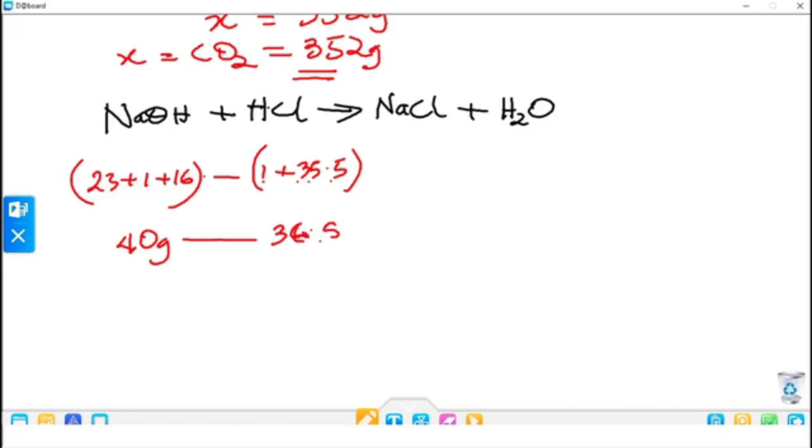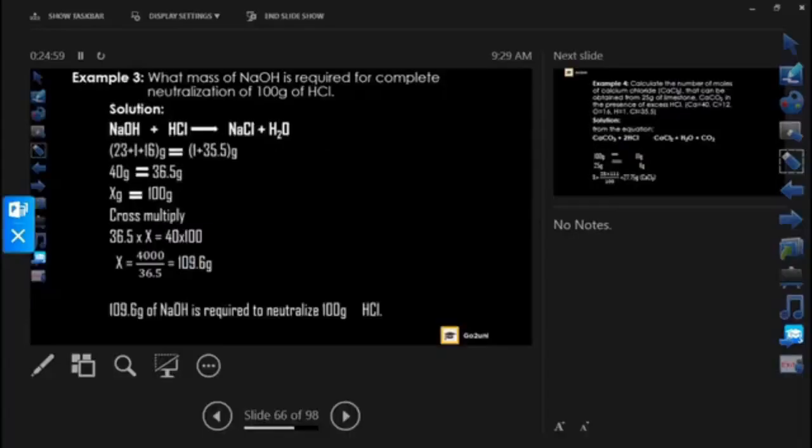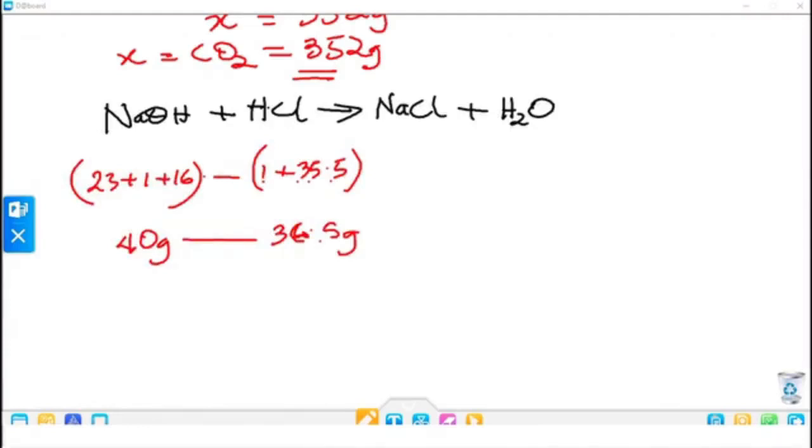So what it simply implies is that 40 grams of sodium hydroxide requires 36.5 grams of HCl. But the question says, what mass of sodium hydroxide is required for 100 grams of HCl? So from the equation, 40 grams of sodium hydroxide needs 36.5 grams of HCl.